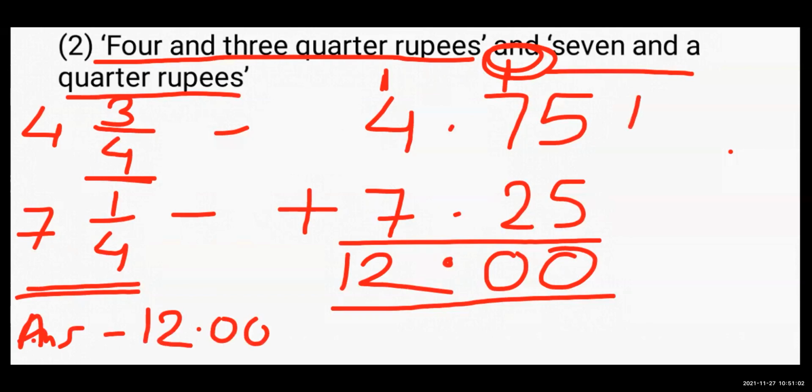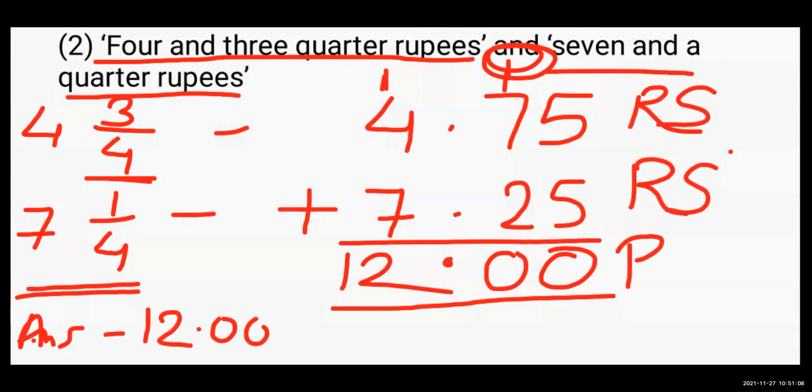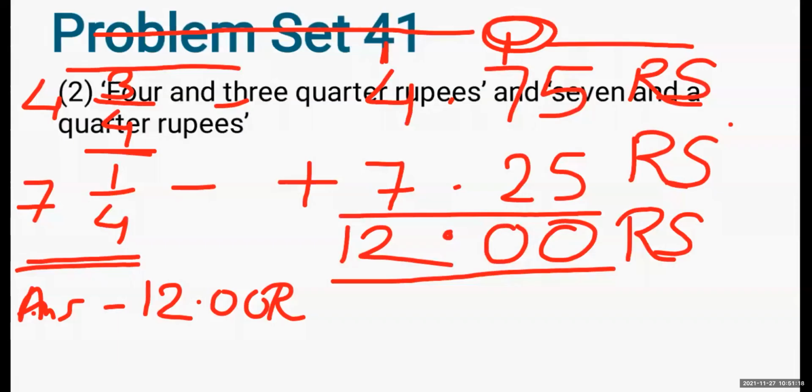What unit did they give us here? It is rupees. So we missed that. Don't miss this thing. So it is 12 rupees. Clear? Clear everyone? How we got this thing? Clear? Okay. Just wait a minute.